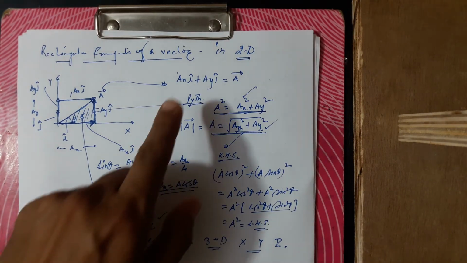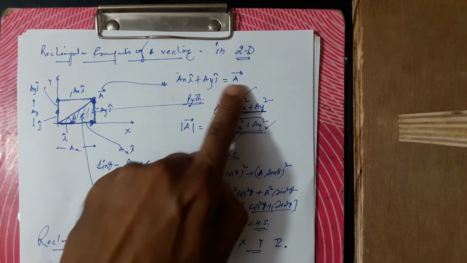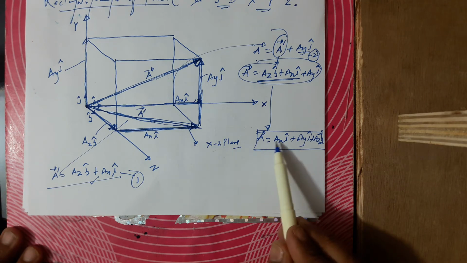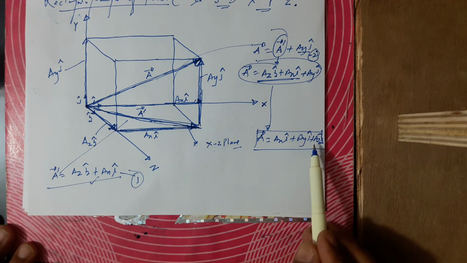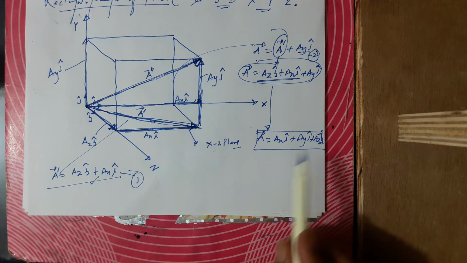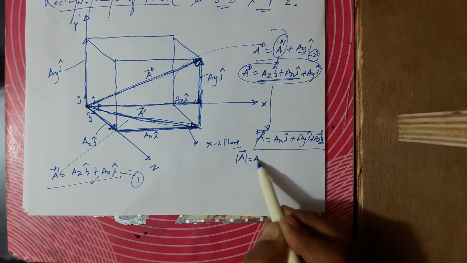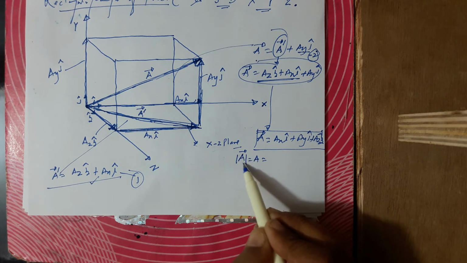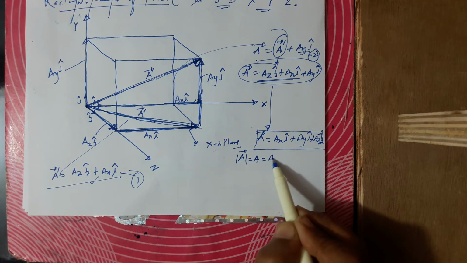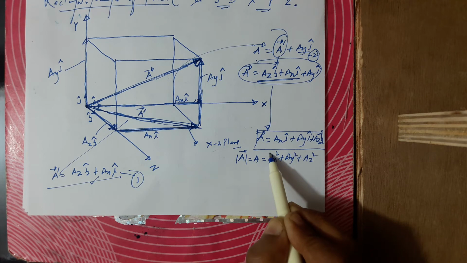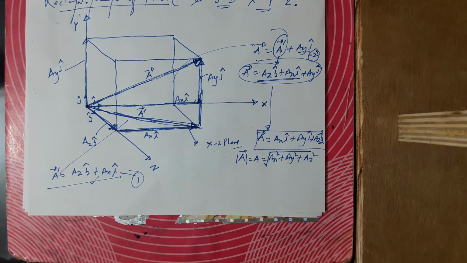In 2 dimension you already studied this, vector a is equal to ax i plus ay j, but in 3 dimension it's so clear, vector a is equal to ax i cap plus ay j cap plus az k cap. And its magnitude, modulus of vector A, is given by the root of ax square plus ay square plus az square.